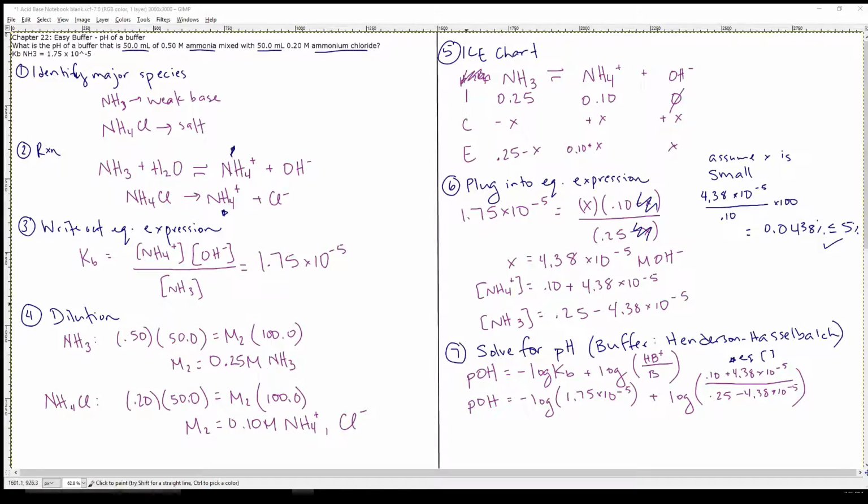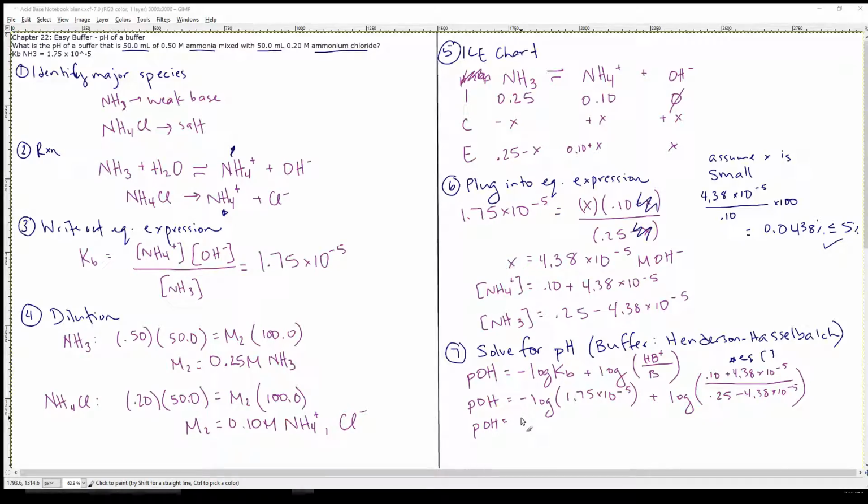All right, I'm going to plug this into my calculator, and you can do this along with me so you're not bored. Negative log 1.75 times 10 to the negative 5 plus the log of 0.1, whoops, oh no, plus the log of... I'd really like to have one of those fancy graphing calculator apps on my computer so you could watch me plug these in.